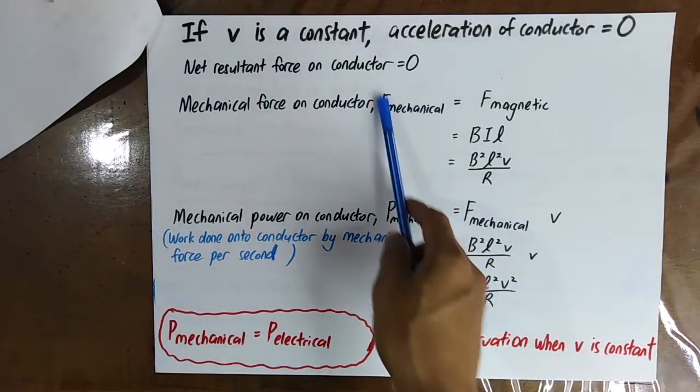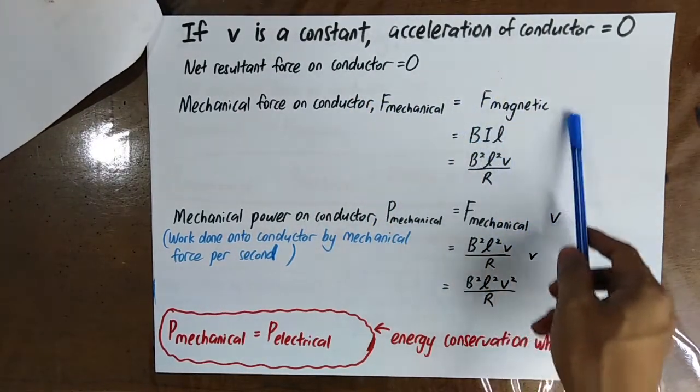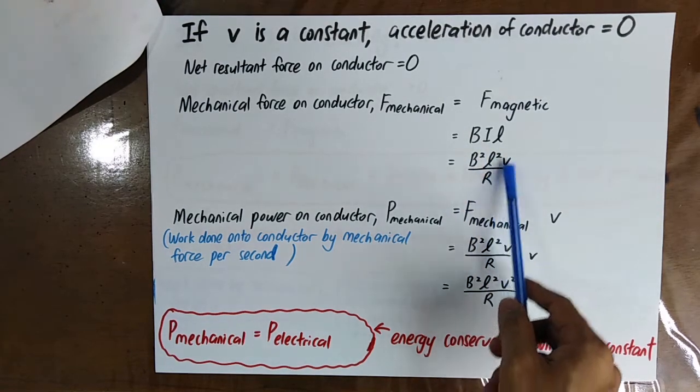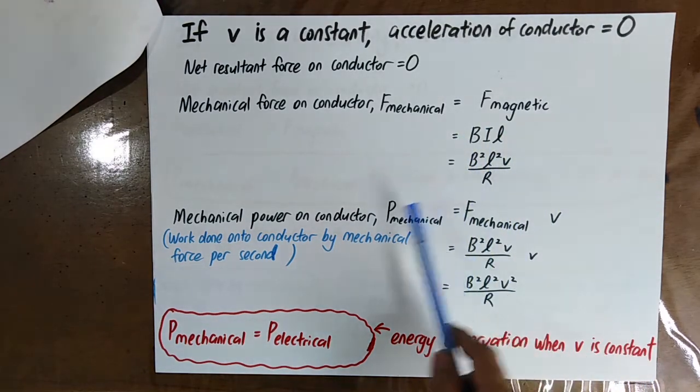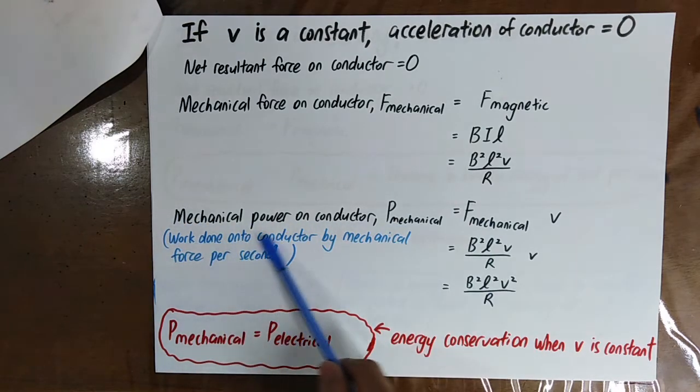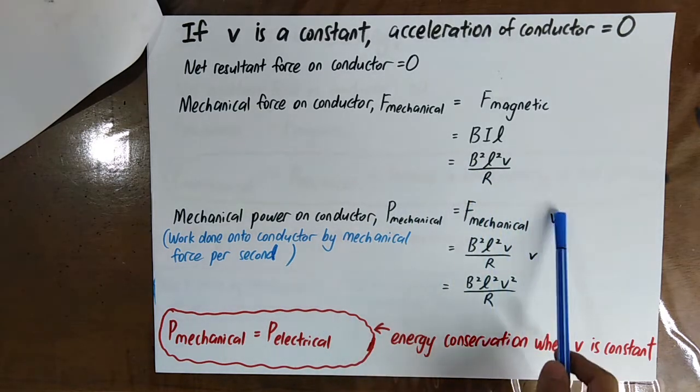So the mechanical force is equal to the magnetic force, and the magnetic force is of this expression, which we have derived just now. So the mechanical power on the conductor, which is the work done onto the conductor by the mechanical force per second, is F times v.